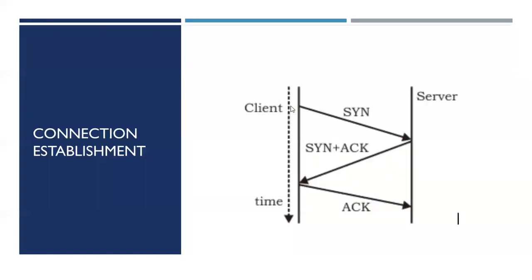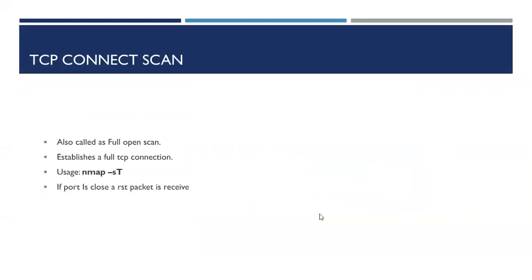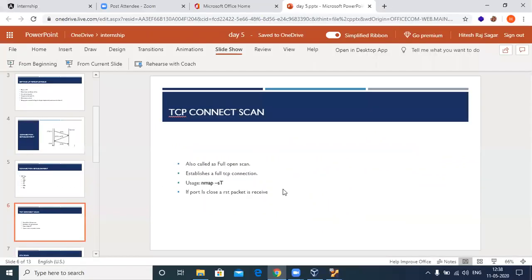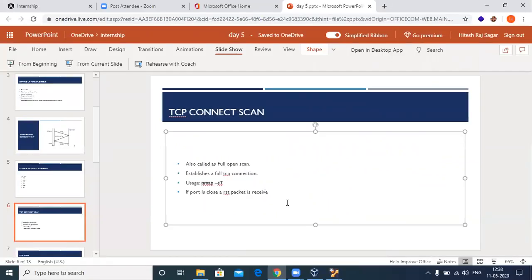You're initiating your scan by sending a SYN to the port, and the port is replying with the SYN-ACK. Whenever you receive a SYN-ACK, Nmap understands that this particular port is open. If the port is closed, there'll be a reply with an RST packet. Now, what was the RST packet, as we discussed? Reset. Yeah, RST means reset.